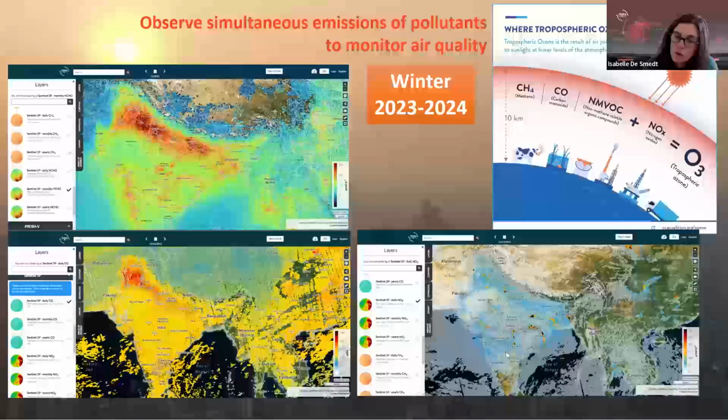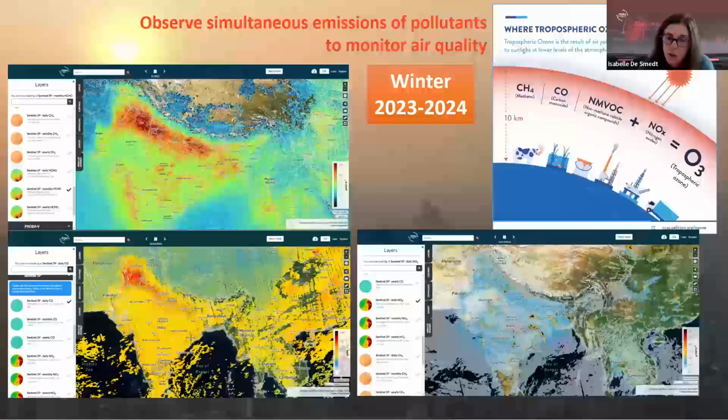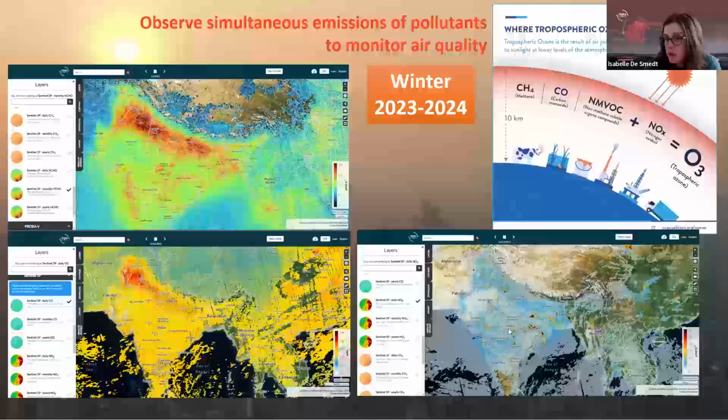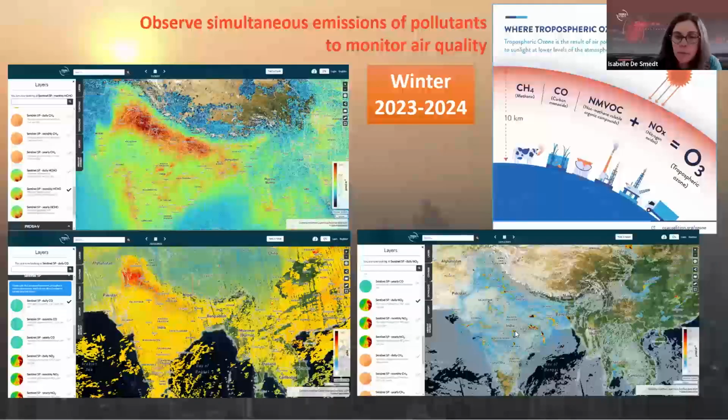And then a map of NO2, also 1 day in December. You can see that the NO2 emissions are much more localized than the hydrocarbon ones, but they can be really strong, especially in winter time.